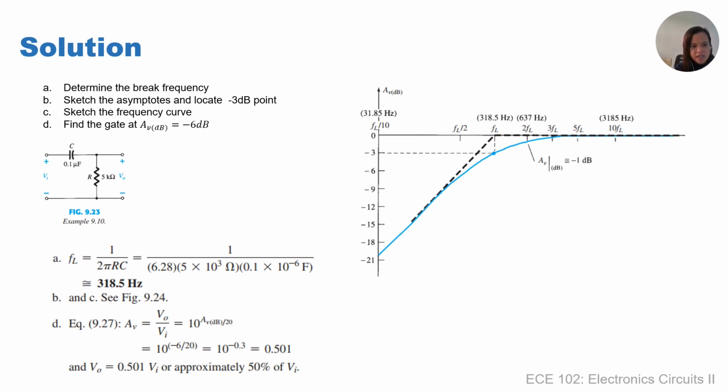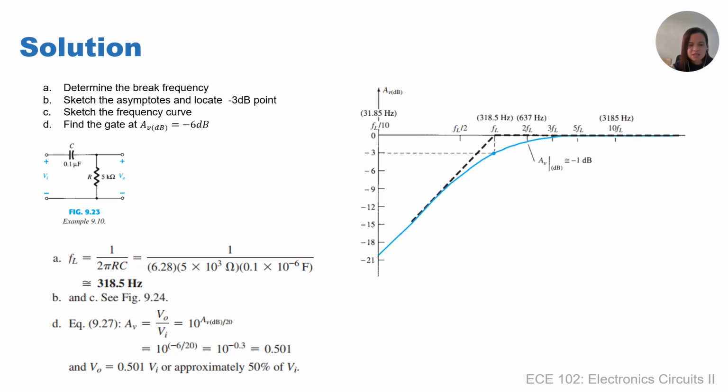So for the solution, we already know the formula for determining the cutoff frequency, so just substitute the values of R and C. The low cutoff frequency is equal to 1 over 2 pi RC. 2 pi is equivalent to 6.28.